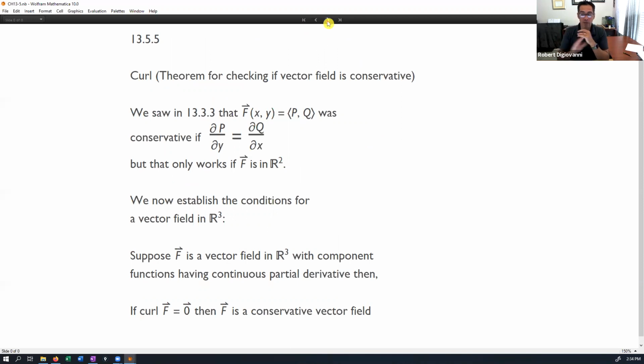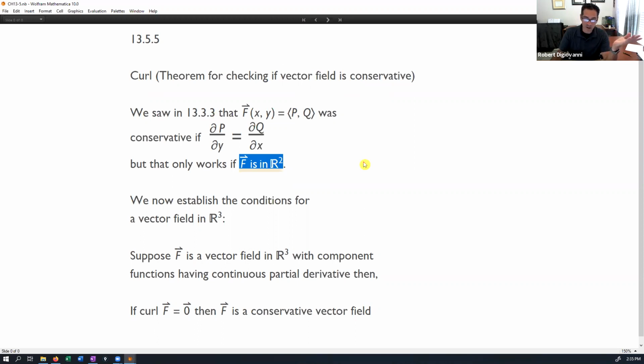Now, do you recall from previous sections, something we talked about way earlier, the way you check to see if a vector field is conservative? There was a quick way we could check it, but it only worked if our vector field was 2-dimensional. And I said we don't have a way of doing it for 3-dimensional.